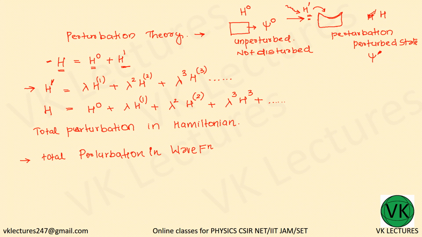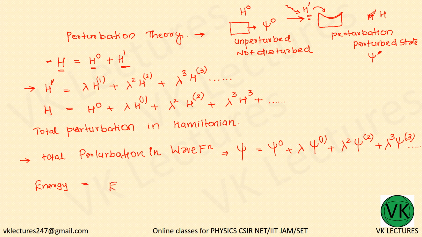So the total perturbed wave function psi is equal to the unperturbed wave function psi naught, plus lambda times the first order correction to the wave function, plus lambda square psi 2 plus lambda cube psi 3 etc. And for the energy, the total perturbation is E equal to E naught plus lambda times the first order correction to the energy, plus lambda square times the second order correction, plus lambda cube times the third order correction, and it goes on.